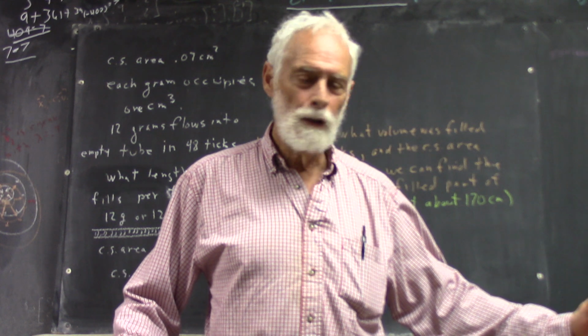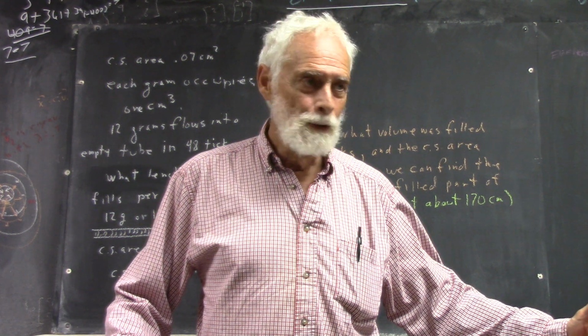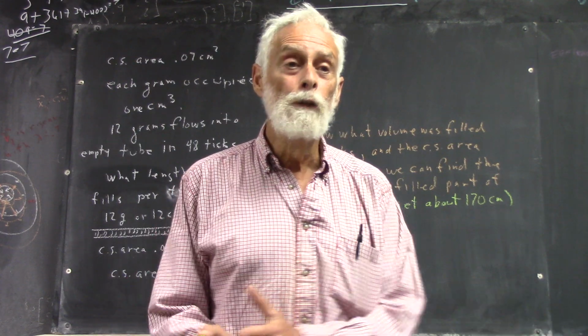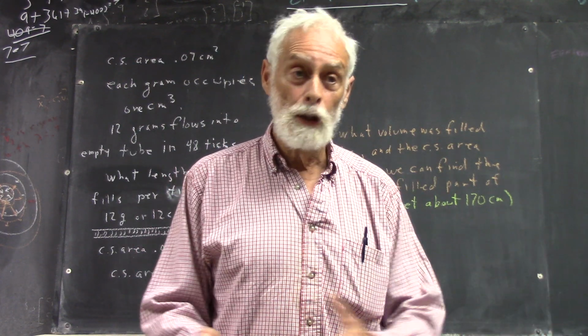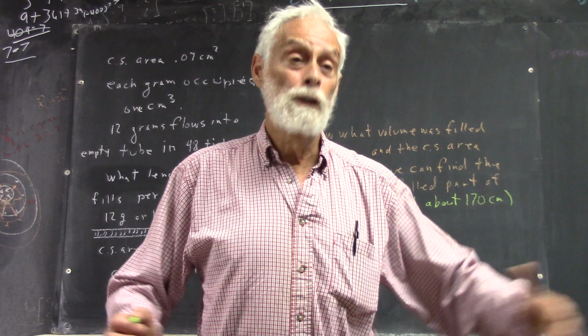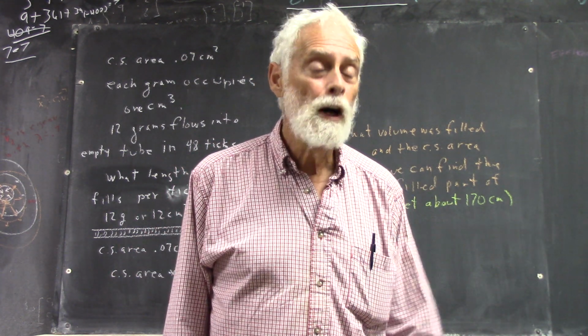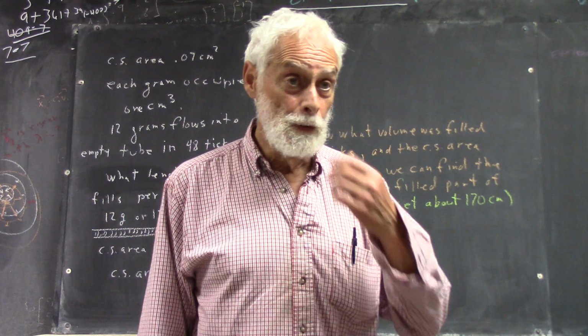How far did water have to move along the tube to fill 170 centimeters of the tube? It had to move 170 centimeters as the water was filling it. So now you've got all 12 cubic centimeters in it, right? So how fast was the water moving as it filled the tube?